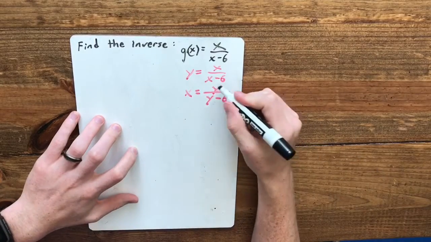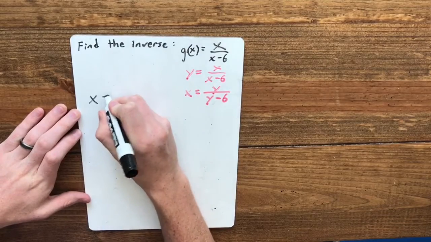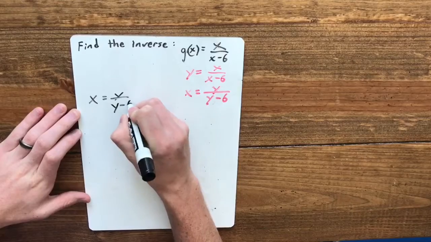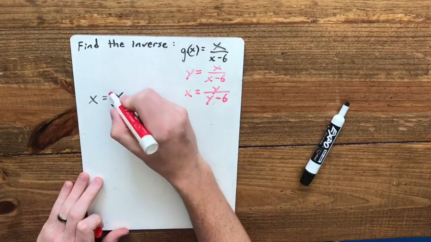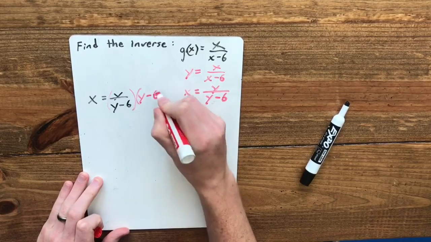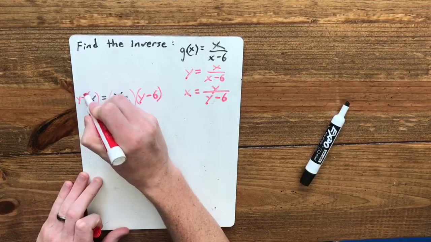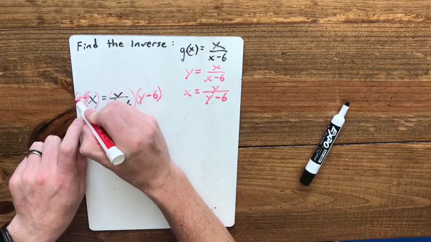The first thing I'm going to do to get y by itself, first I'm going to write this nice and big so we have plenty of space to work with. First thing I'm going to do is multiply both sides by this y minus 6. So you can think of this as cross multiplying, but both sides are getting multiplied by this y minus 6.